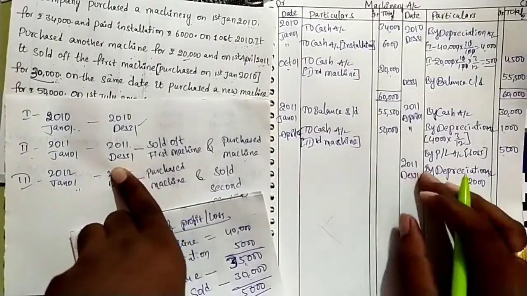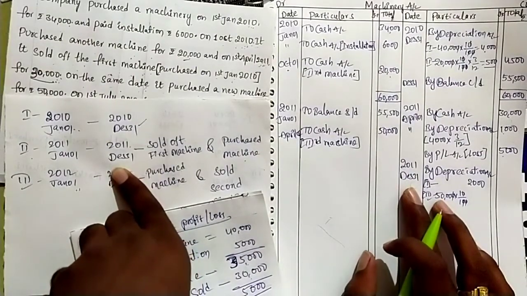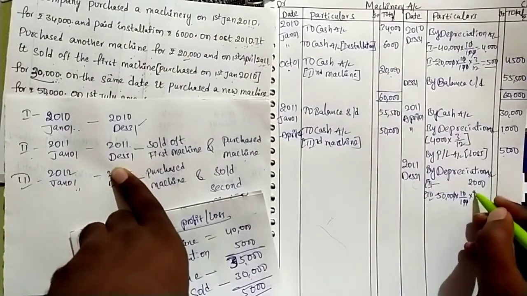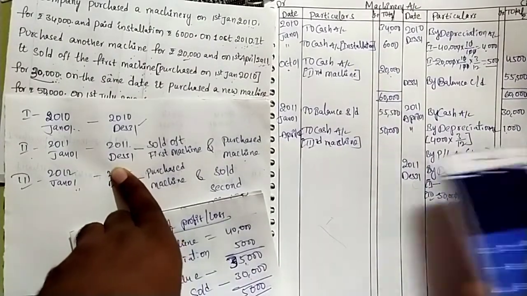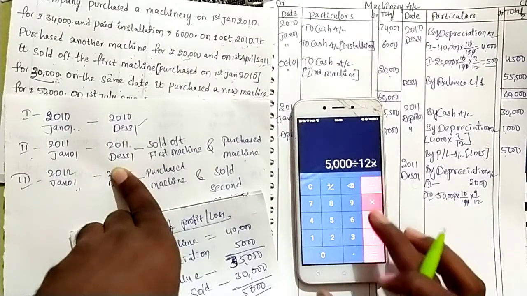But in the second year we utilized from April 1st to December 31st. April 1st to December 31st means 9 months. So 9 by 12. See this, 5,000 divided by 12 into 9.